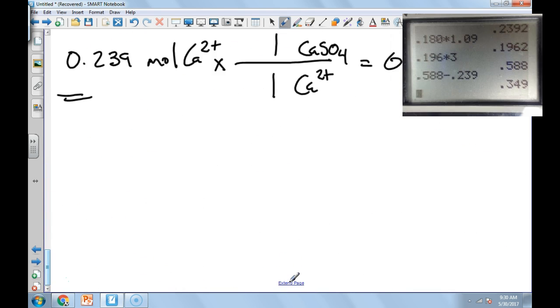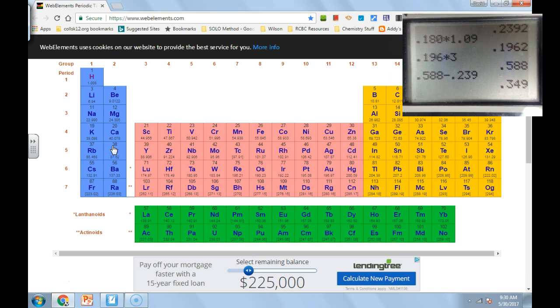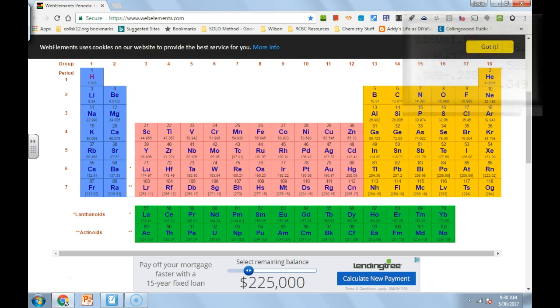Okay, so if that's the solid, I'm going to do a little line there, and I'm going to go 0.239 moles of CaSO4. Now, when we're converting from moles to grams, this is where we need the molar mass. So down below, I'm going to do the molar mass, and I do have my periodic table. Calcium is 40.08. Sulfur is 32.06, and oxygen is 15.999.